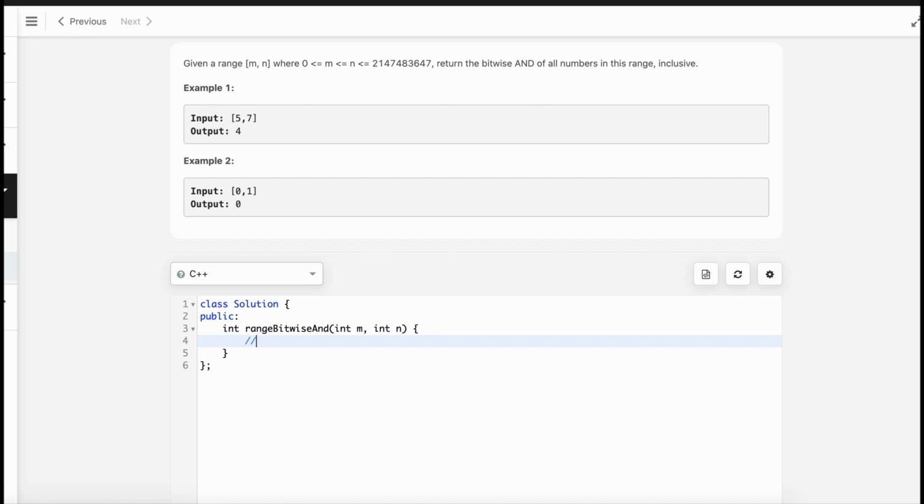Bitwise AND means if we represent the numbers in binary form, for example 5 can be represented as 1 0 1, and 6 is 1 1 0, and 7 is 1 1 1.